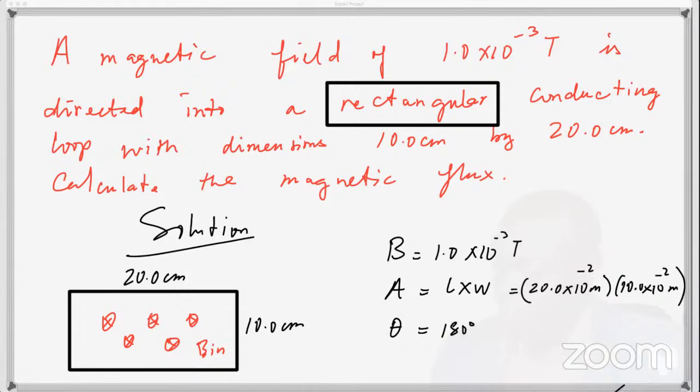So basically 0.2 multiplied by 0.1, and that will give you 0.02 meters squared.